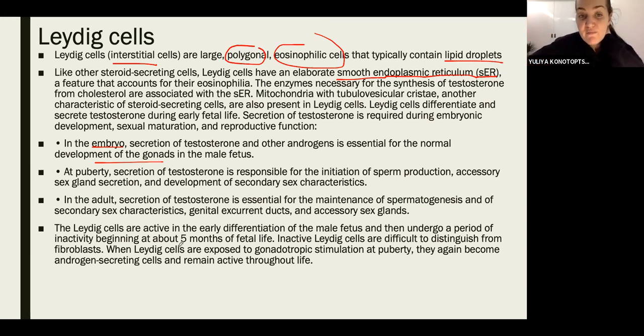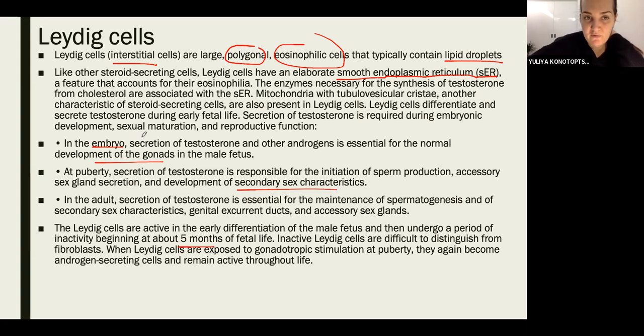Then from the 5th month of fetal life until puberty, these Leydig cells are inactive. So they don't make testosterone, they are sleeping. And then when you hit puberty, they actively start to make testosterone again. For which reason? For the secondary sex characteristics. What are these? So that's the enlargement of the penis, the hair, the voice, right? The muscle, all of these things are going to be there as well.